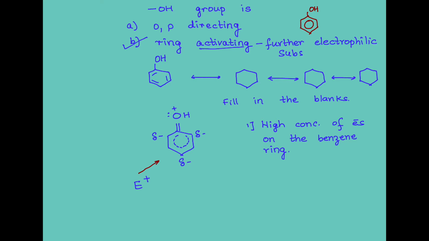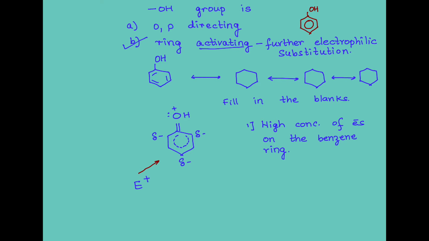This can only be explained if you draw the resonance structures of phenol. Unless you do that, you will not be able to understand this concept clearly. So if you do not know, please go back to the set of videos on phenols where we have discussed this in greater detail.